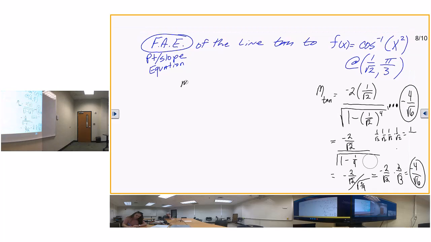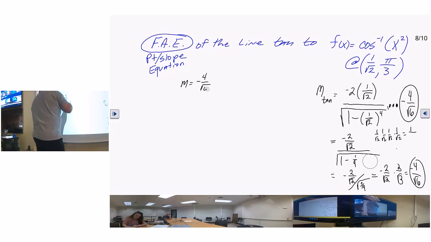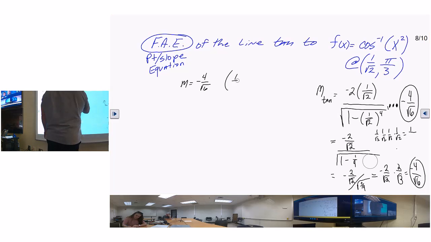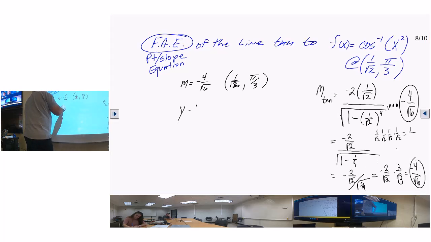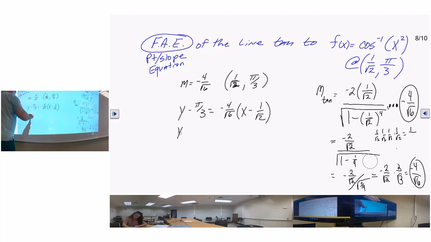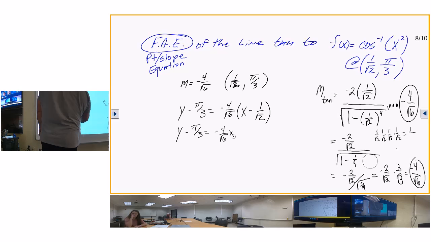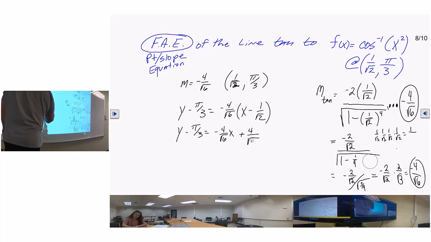M is equal to negative 4 over the square root of 6. And my point is 1 over the square root of 2, comma pi over 3. Y minus pi over 3 is equal to negative 4 over the square root of 6 times x minus 1 over the square root of 2. Y minus pi over 3 is equal to negative 4 over the square root of 6 times x, plus 4 over the square root of 12.